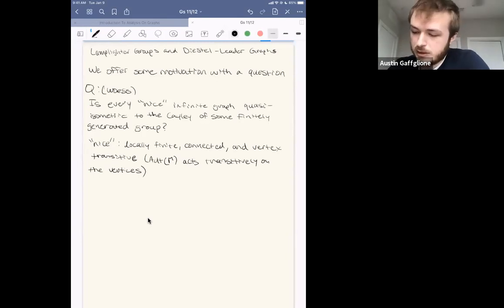We also have this term quasi-isometric, so I should probably define what I mean by it. I have a definition.